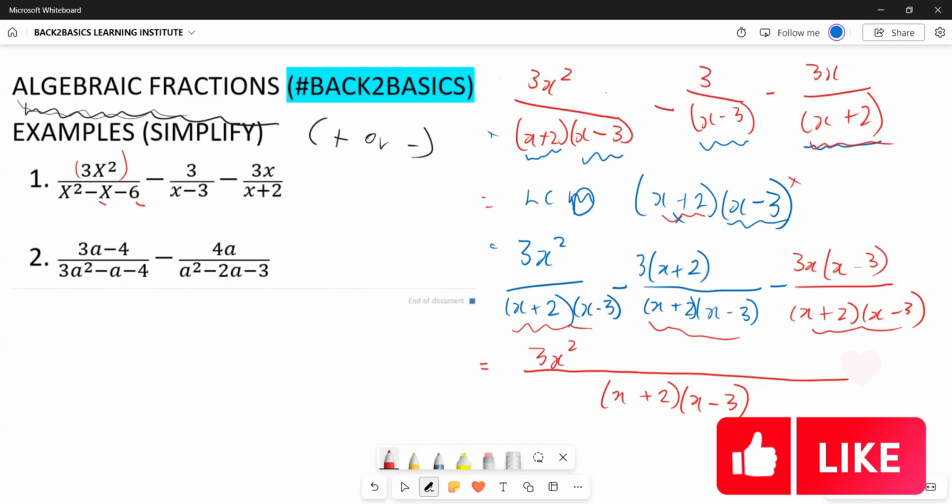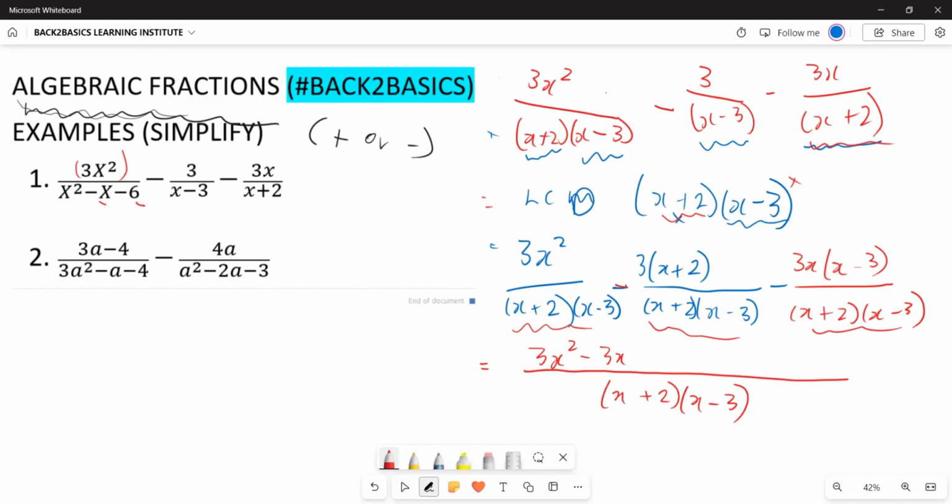Now, what is it that you're going to do here? This is going to be negative 3 multiplied by x, so this is going to be minus 3x. And the negative multiplied by this positive, what is it that you are going to have here? So now can you see that this negative is going to have an influence here? So this is going to be minus 6, right?